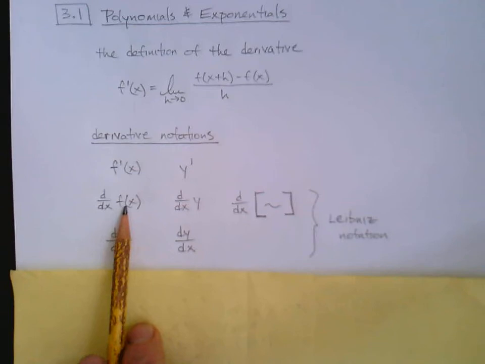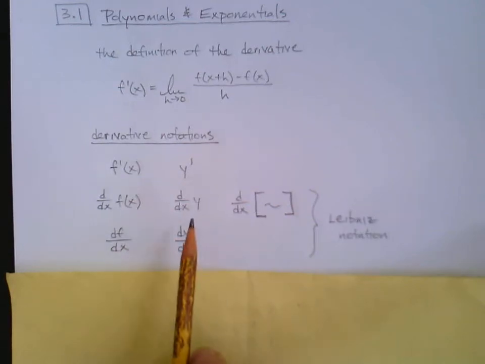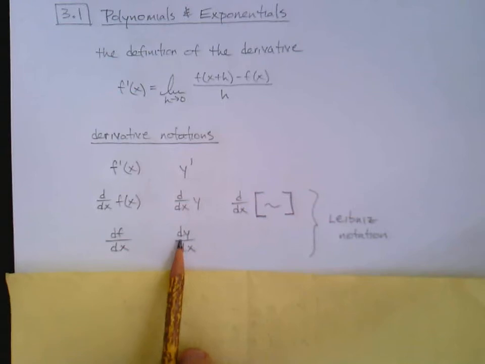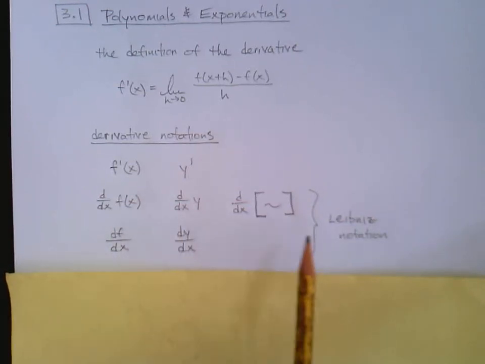Instead of the f of x to the side, you could simply put f up in the numerator: df over dx. Or instead of the y to the side, you could put it up in the numerator: dy over dx.